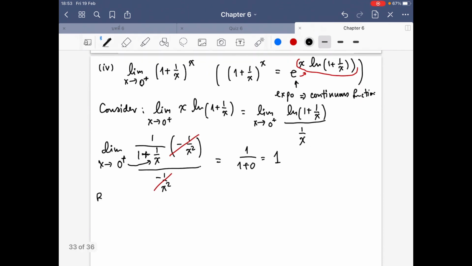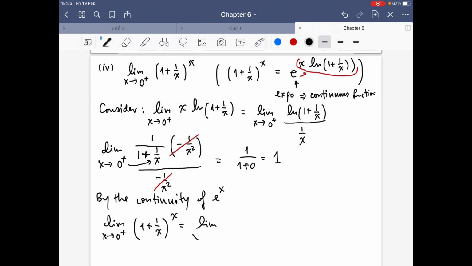So it means that by the continuity of the exponential, okay, we know that this limit, let me just write down here, the limit as x goes to 0 from the right of 1 plus 1 over x raised to power x equals the limit of e raised to power x log 1 plus 1 over x, and it is the same as e raised to the limit as x goes to 0 of x log of 1 plus 1 over x.